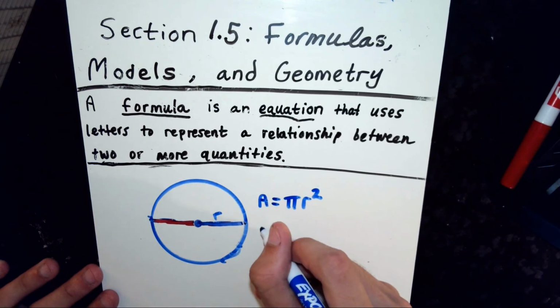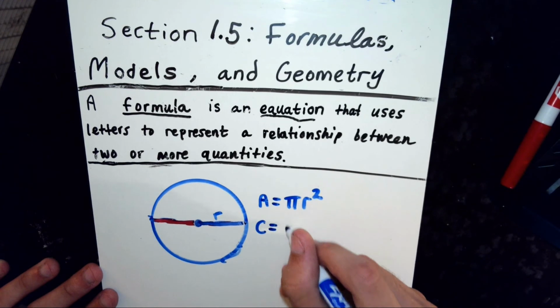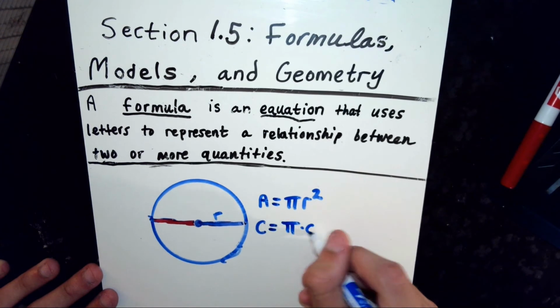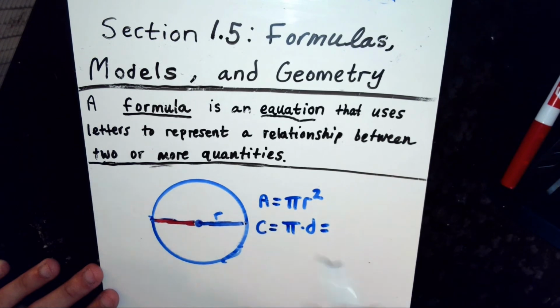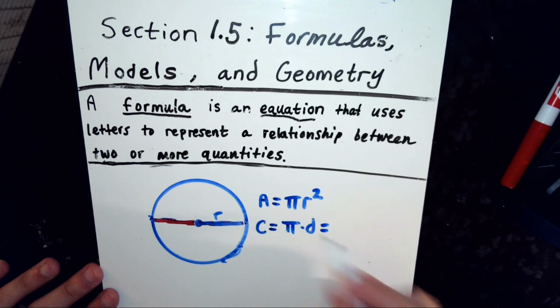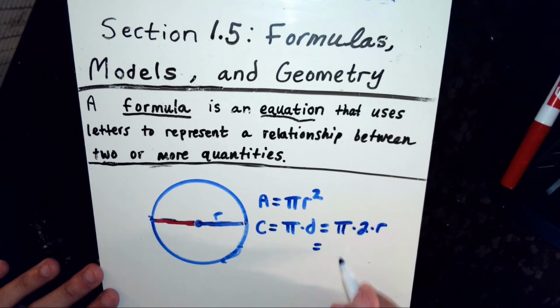Another nice formula for circles is that the circumference of a circle is pi times the diameter, or in other words, since the diameter is just twice the radius, we'll replace the diameter with twice the radius and get pi times 2 times r, or usually written 2 pi r.